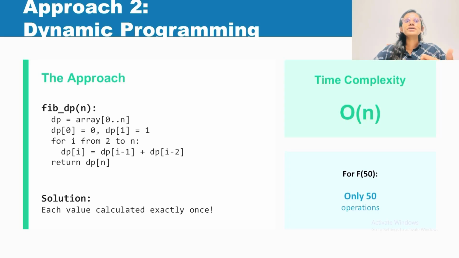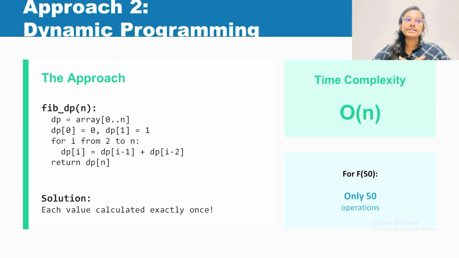So, let me tell you just how dramatic this difference is. For n equals 10, the recursive approach uses about 177 operations versus 10 for dynamic programming. For n equals 20, recursion needs nearly 22,000 operations while dynamic programming needs just 20.